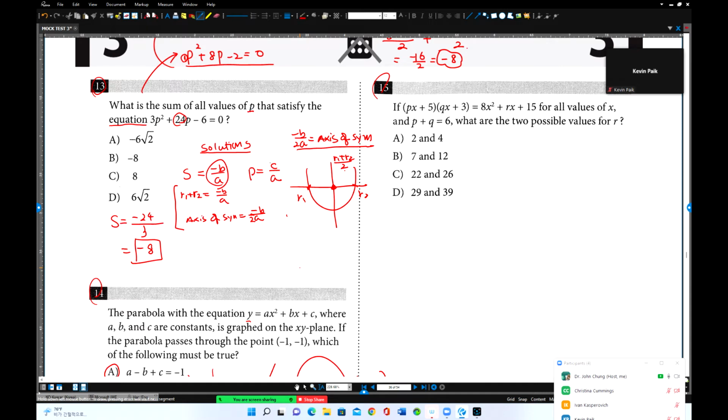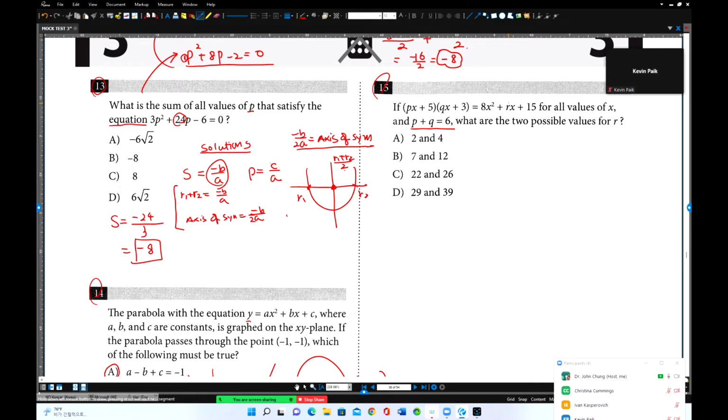All right, number 15. We have a product form. That is a factored form. When you expand this one, you got ax squared plus rx plus 15, right? But the sum of p and q is 6. That's a given, okay? So what are two values for R?